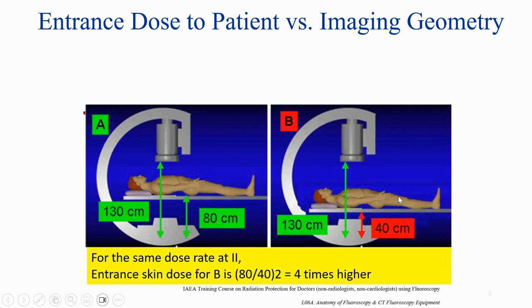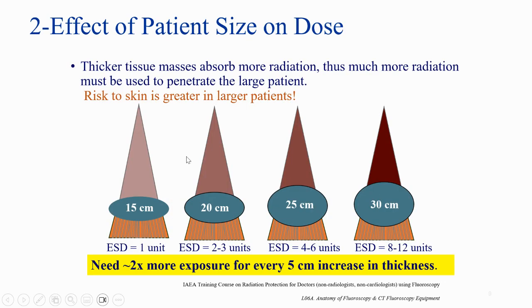At that time, the machine itself will increase the patient dose to get a sufficient number of photons for diagnostic image quality. So in geometry B, the dose is 4 times greater than the dose in geometry A. Keep in mind: put the patient as far as you can from the X-ray tube, and put the image receptor as close as you can to the patient.